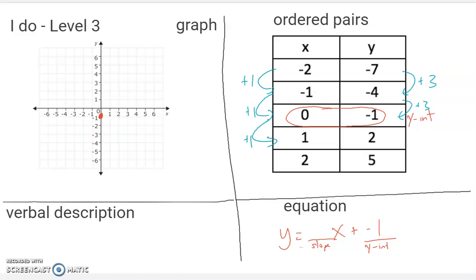X goes up by 1, y goes up by 3, and so on. So my slope then is 3, and I can just put that here. And so y equals 3x plus negative 1, or y equals 3x minus 1. Same thing. Add the opposite. Either would be fine. So hopefully not too bad. Take different things we're given and use those to write the equation.